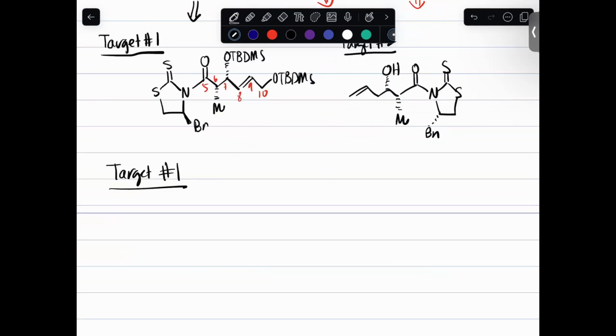And so he uses all commercially available starting materials. Just like I mentioned before, acylating is very similar to oxazolidinones.